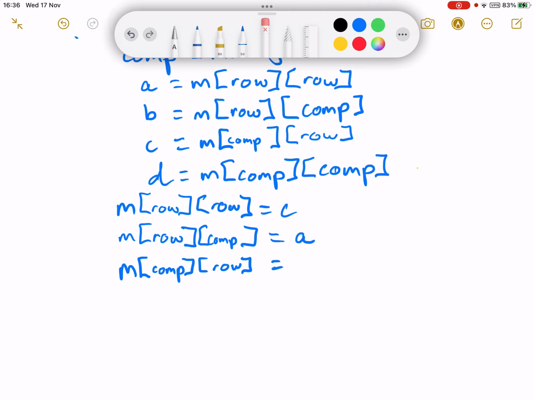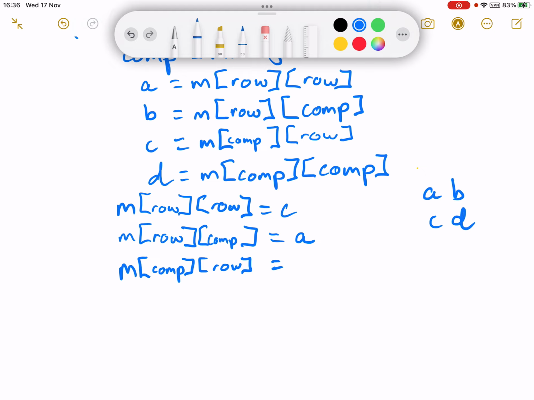So A, B, C, D. Row is there. Row comp is there. Shit! I did it again. Comp row.